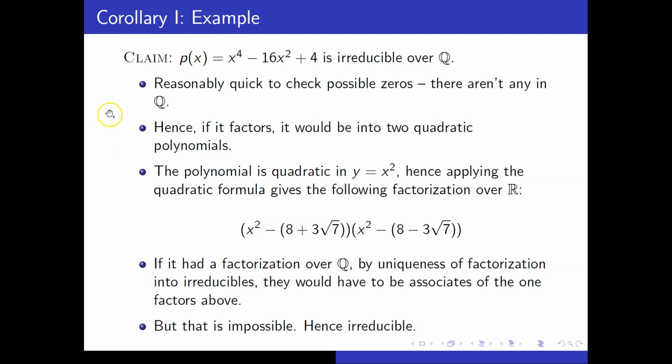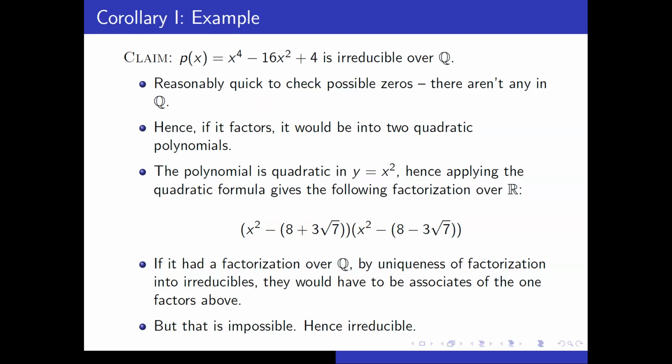To check that it's irreducible, I just have to go through the options. If it were to have a 0, a 0 would have to be a divisor of 4, so plus or minus 1, plus or minus 2, plus or minus 4. You can check, none of them work.